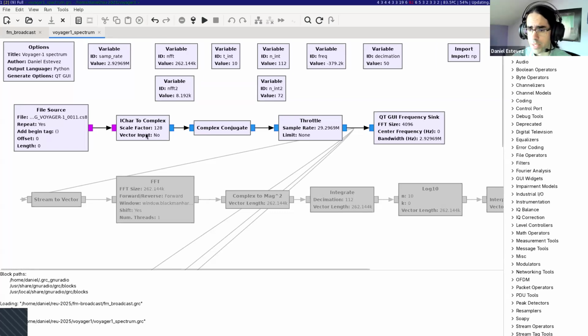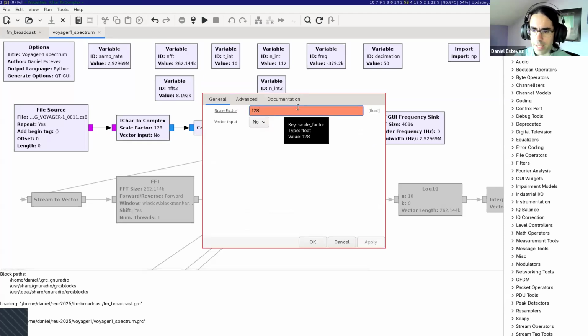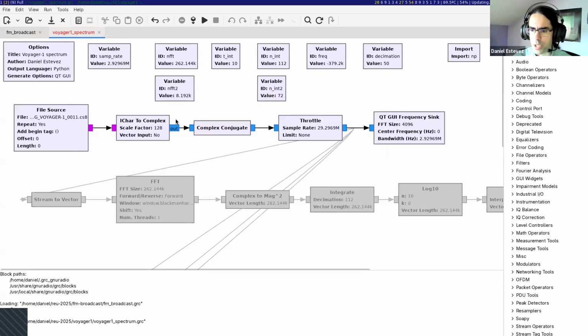So ichar to complex picks up those pairs of input values and forms a complex number with them. There is this scale factor, which is by how much we divide the input, because complex numbers in GNU Radio are usually scaled to be between -1 and +1. For example, you might have observed that your RTL-SDR always gives you numbers between -1 and +1.